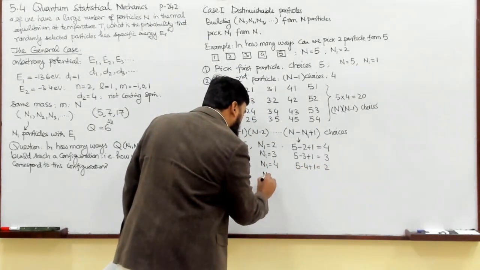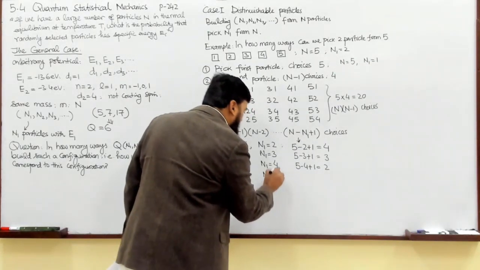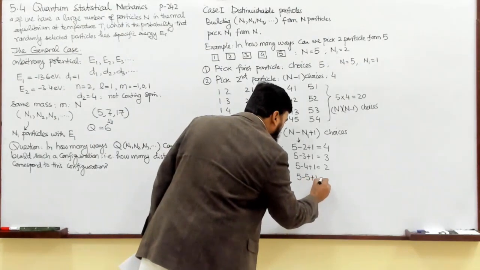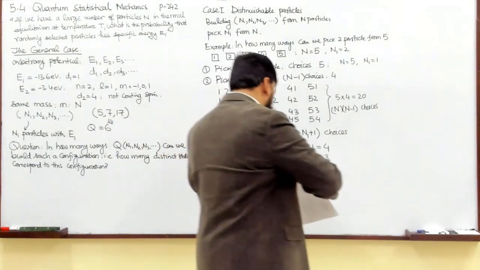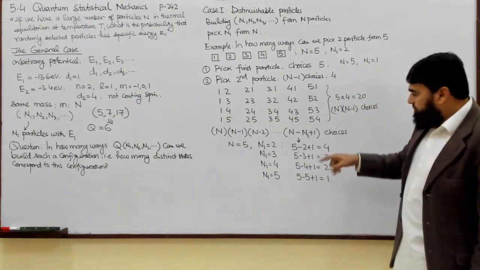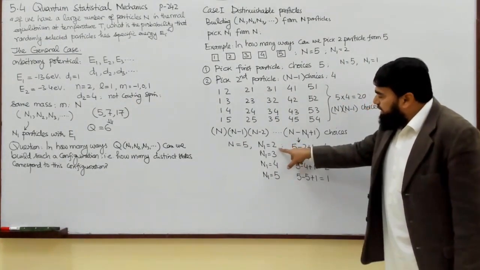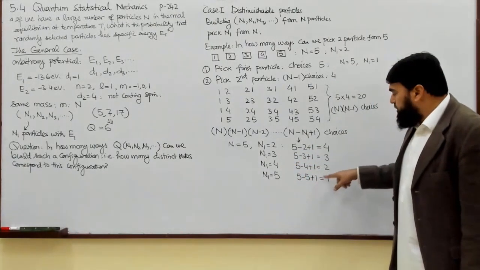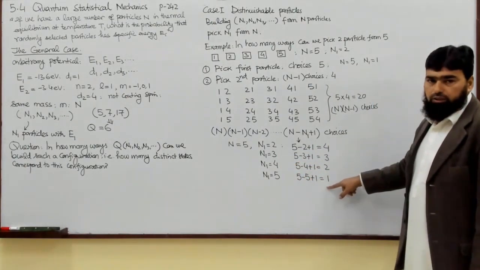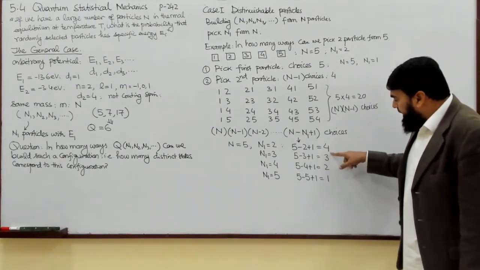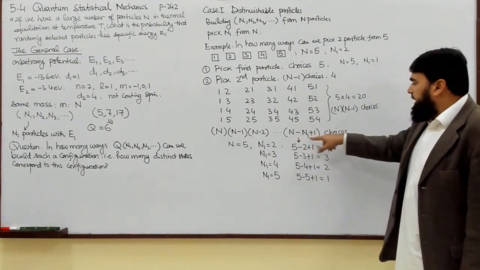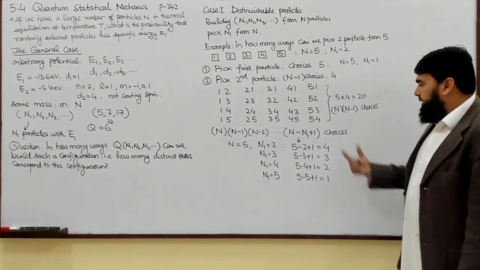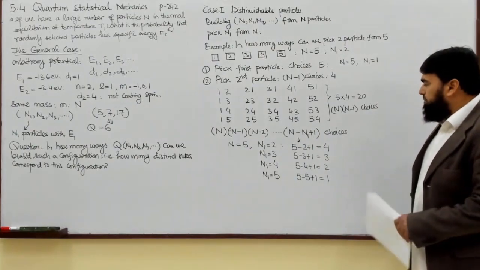If n1 is 5, then 5 minus 5 plus 1 is 1. So what does it mean? Increasing the number of particles picked reduces the number of choices. This way I have the number of choices for picking a certain number of particles.